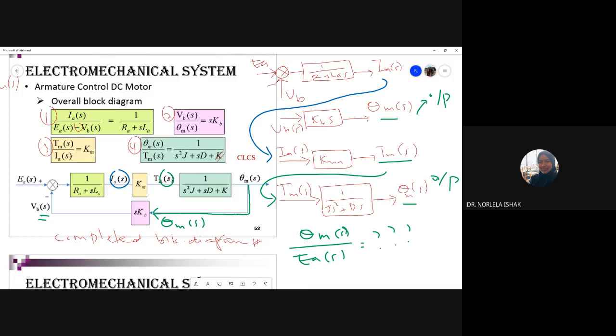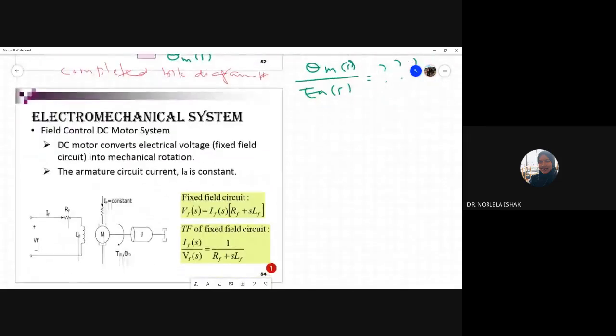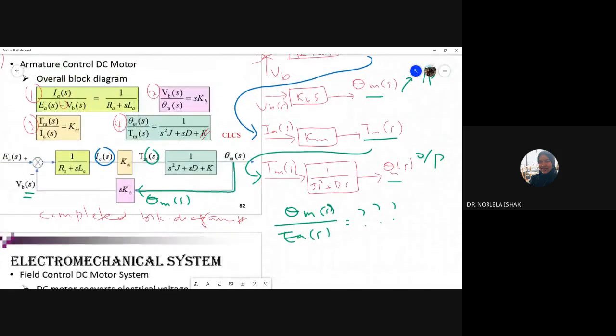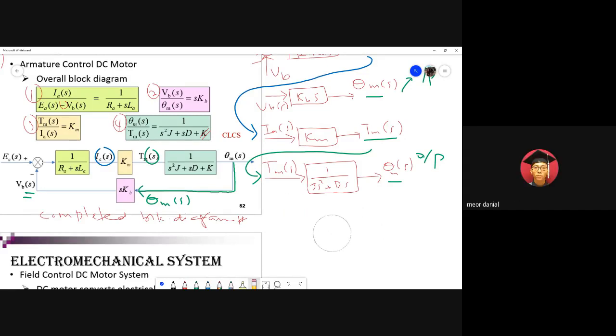Do you still remember how to define the transfer function from the completed block diagram? Simplify first. You have to cascade, then feedback, and then you get it.